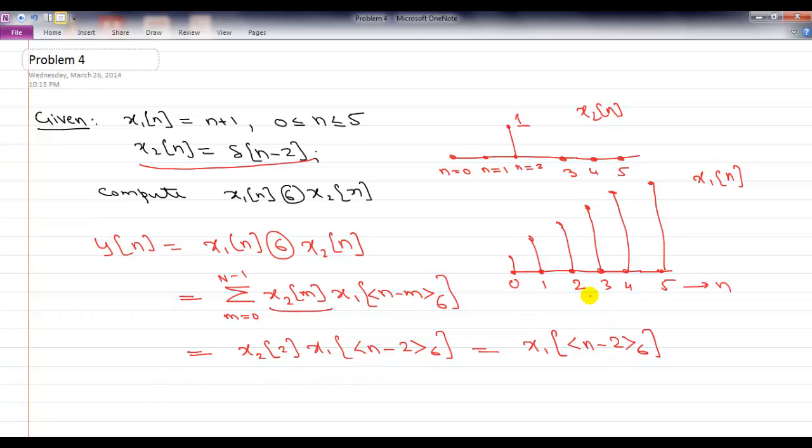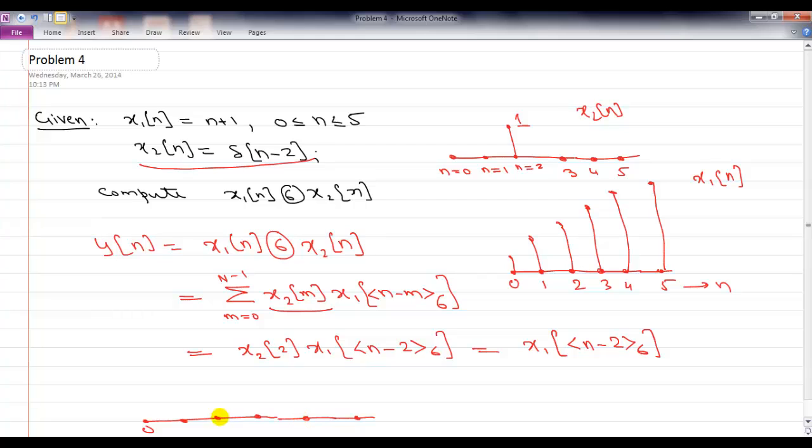I am going to shift everything by 2, and when I reach the end at 5, whatever remaining two things there are, I wrap them back.